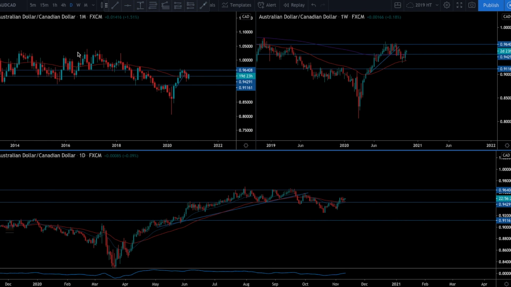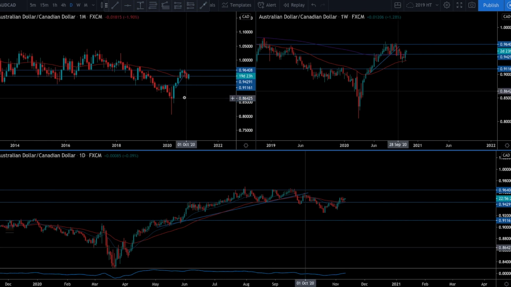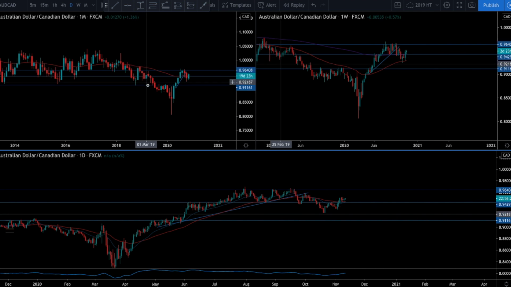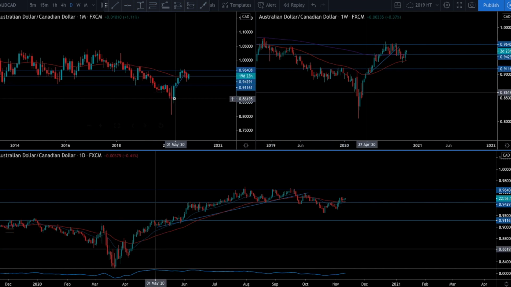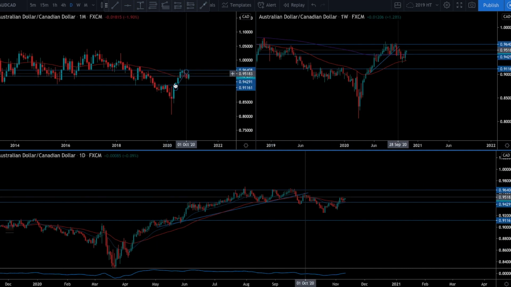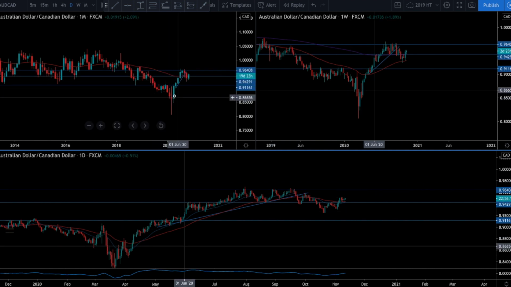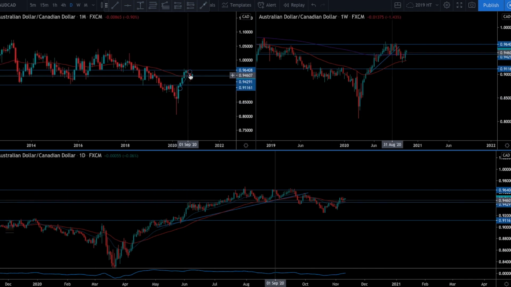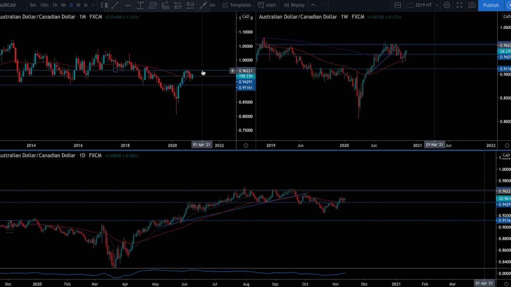So right here on the monthly chart, on the top left, you can see it had been breaking down so far this year and was coming back, and it formed this nice new lower low and was coming back up to retest this strong support and resistance line around 0.964.